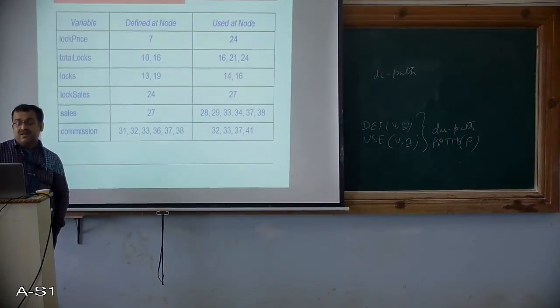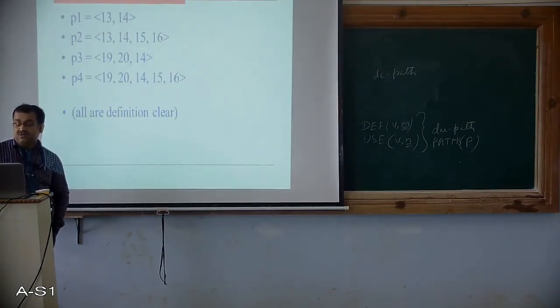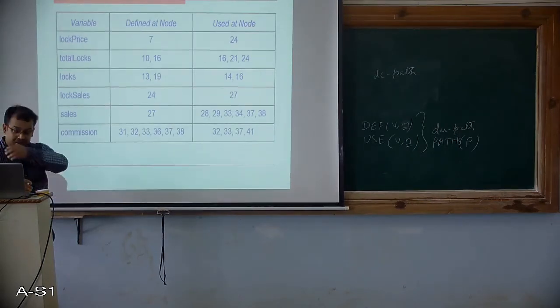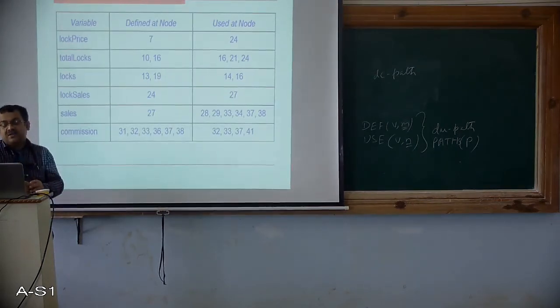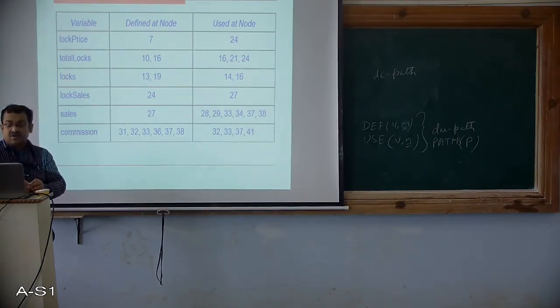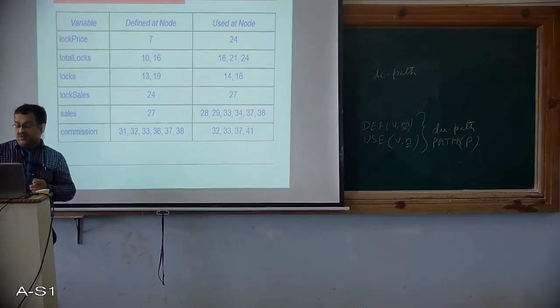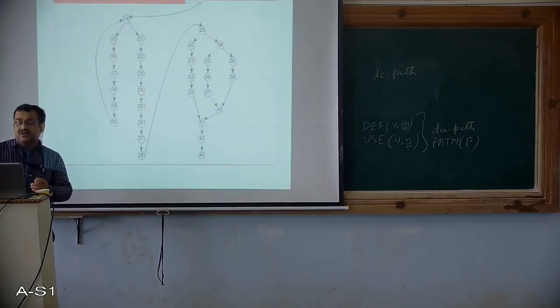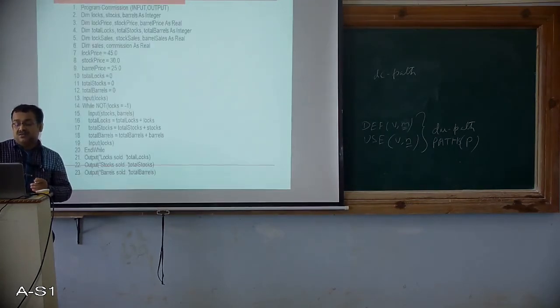Similarly, you can see the total logs is defined at statements 10 and 16 and used at nodes 16, 21, 24. So total logs is defined in two places, 10 and 16. At 10, total logs is assigned 0. At 16, total logs is equal to total logs plus logs.